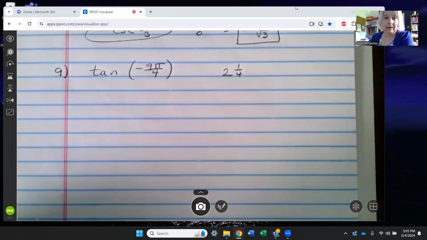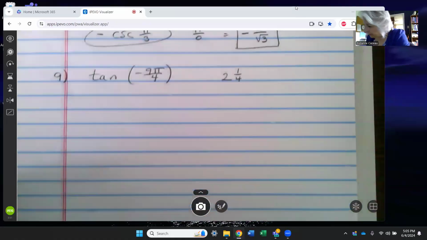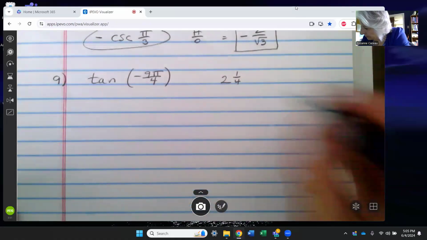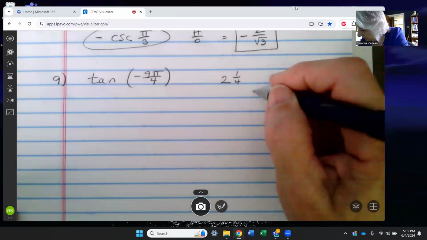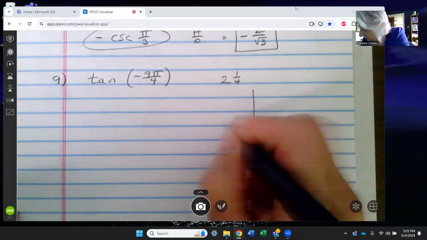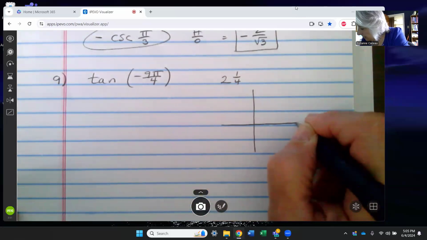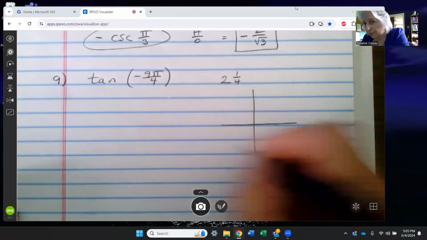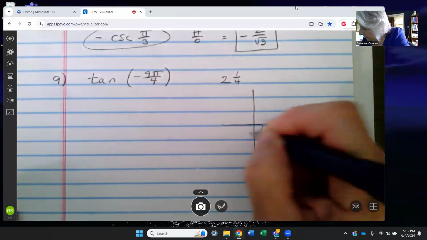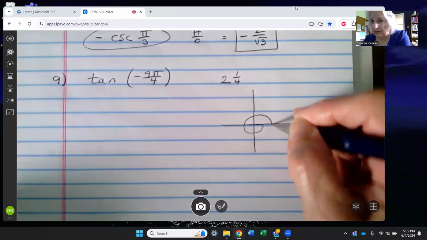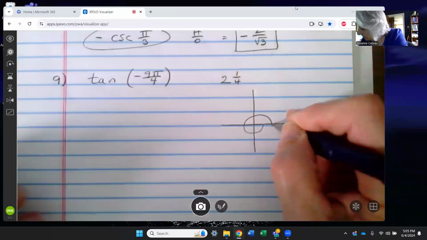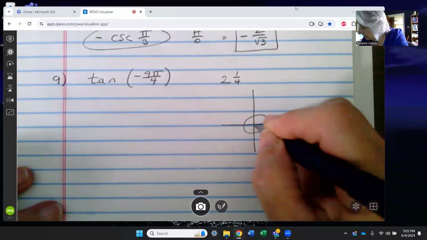And we're going in a negative direction. So instead of going this way, I'm going to go that way. And there's 2 pi. And then we need 1/4 of a pi more. So that's going to put me here in the middle.